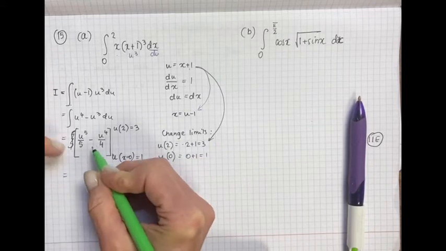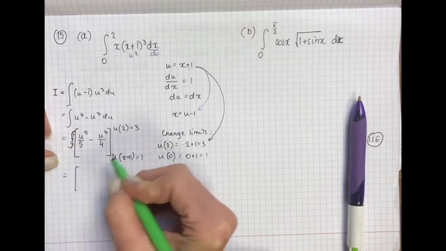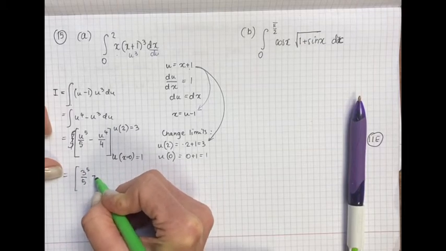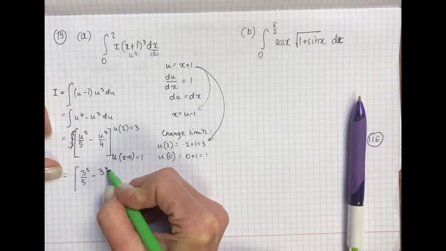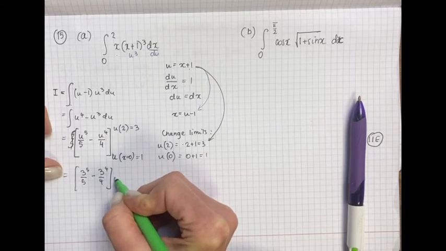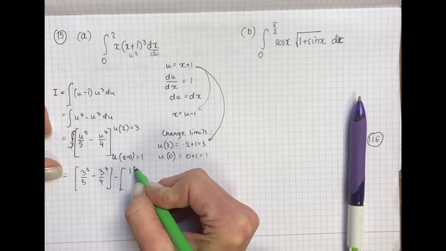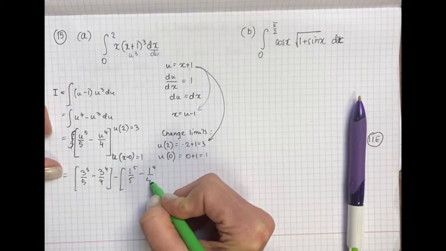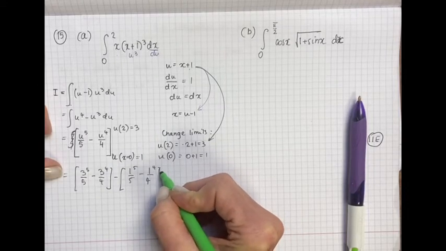So we don't need to go back to x's, we can just substitute those new limits. So it's 3 to the power 5 over 5 minus 3 to the power 4 over 4, subtract 1 to the power 5 over 5 minus 1 to the power 4 over 4.